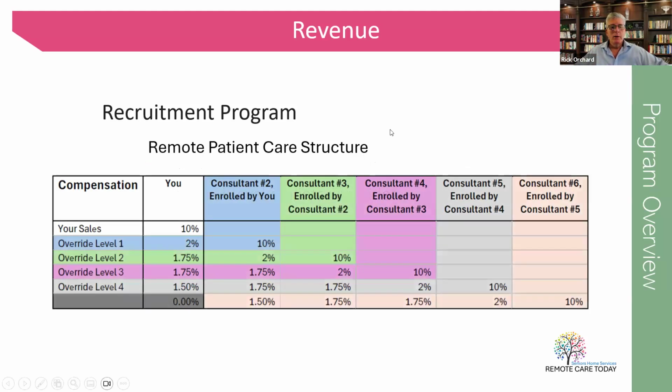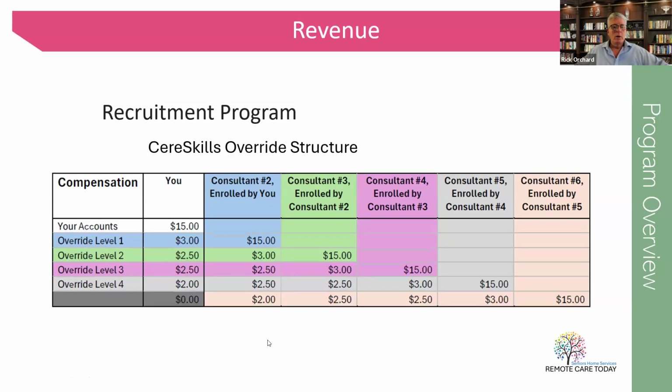Okay. So as you can see here, when you enroll a practice, you earn 10% service fees, right? If you sponsor another consultant and they go out and enroll a practice, well, they make the 10% and you make a 2% override for the typical 4 levels. And for Sarah Skills, it's $15.